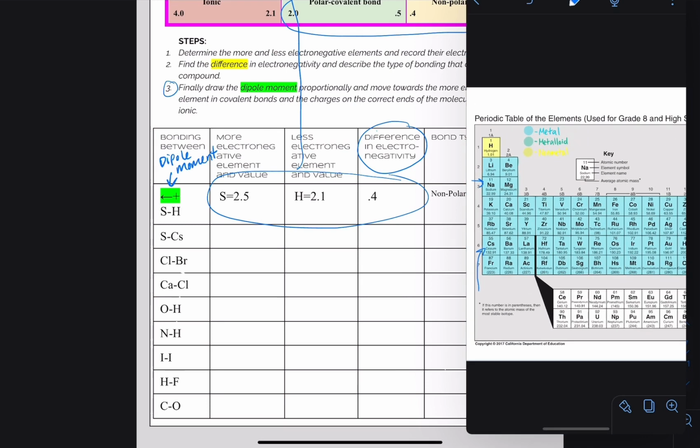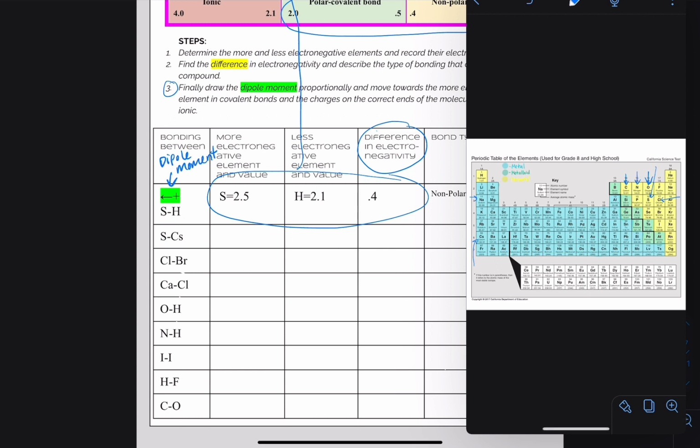Cesium is over here, and then you have to remember the trend for electronegativity, which says electronegativity is increasing this way towards fluorine, and it's increasing this way towards fluorine. Sulfur compared to cesium is going to be more electronegative. So since sulfur is more electronegative, the arrow, or the dipole moment, is going to be pointing towards sulfur. That dipole moment is always going to be pointing towards the more electronegative atom.